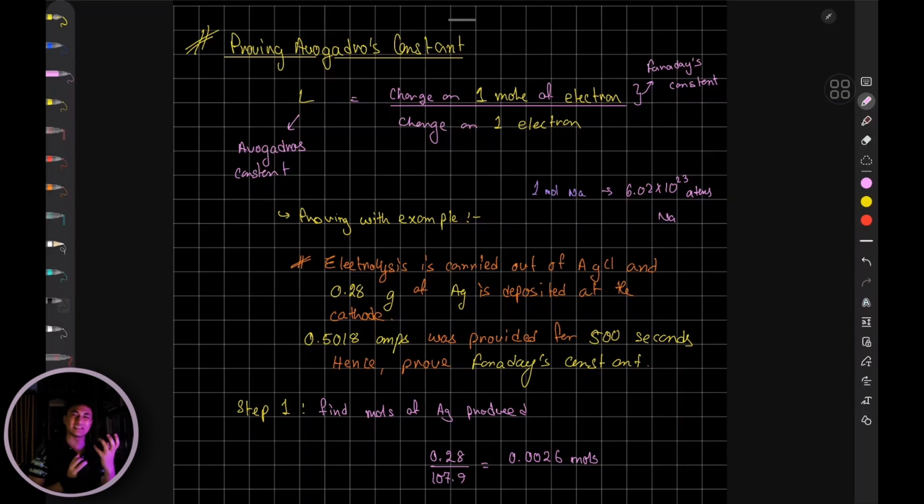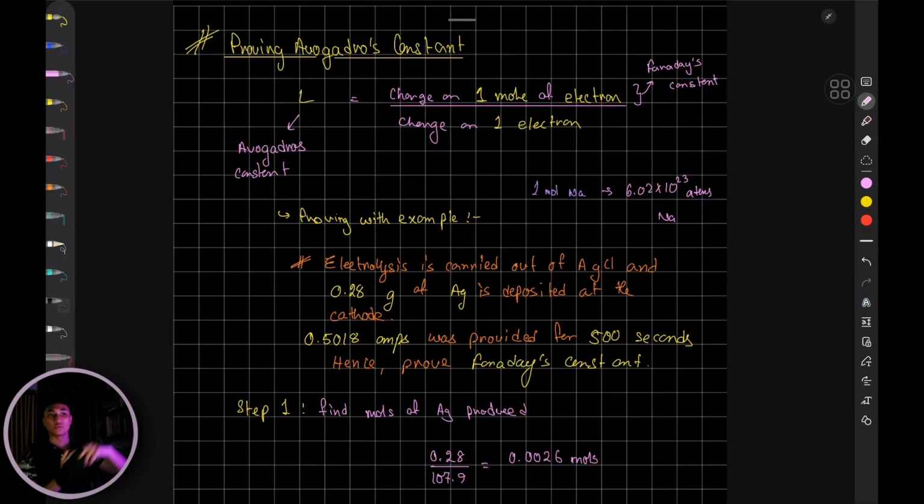Therefore, a mole is a measure of how many atoms of that element, compound or molecule there is, right? Therefore, a mole is a measure of any amount. Now, this 1 mole can be broken down into 6.02 into 10 to the power 23 atoms. So this amount can be anything.